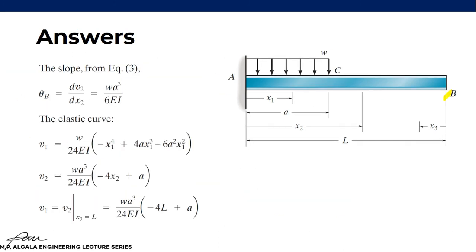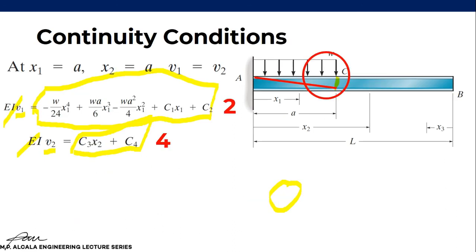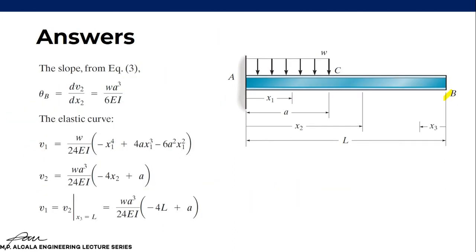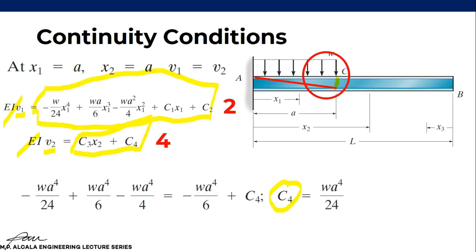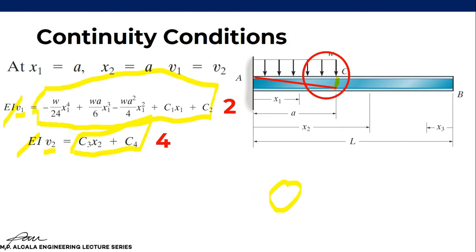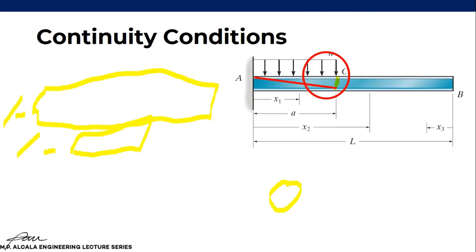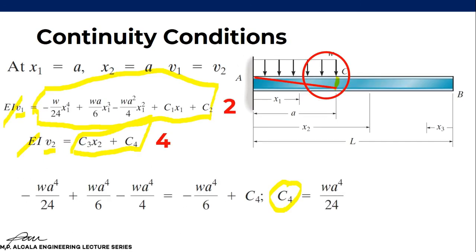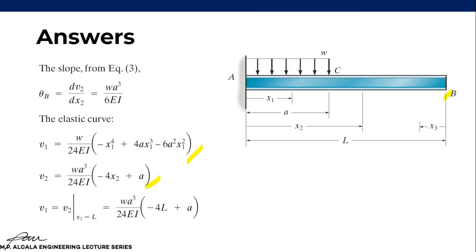Let me simplify: equation C4, and then equation 4, and then equation 2. Okay? So, am I correct? Correct.